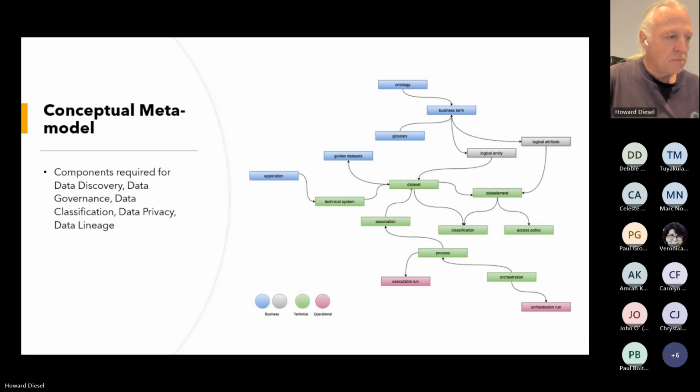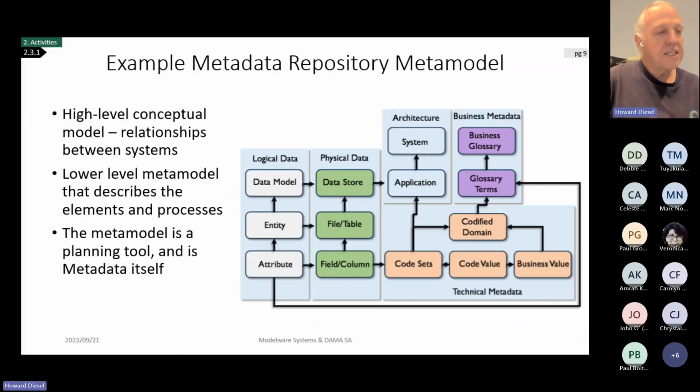And there's the DAMA DMBOK, again trying to show how these unified meta models come together. So I've got technical metadata, I've got business metadata, and I can associate the two.